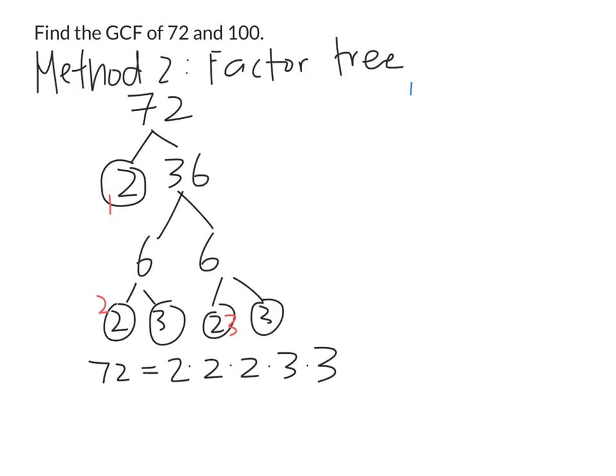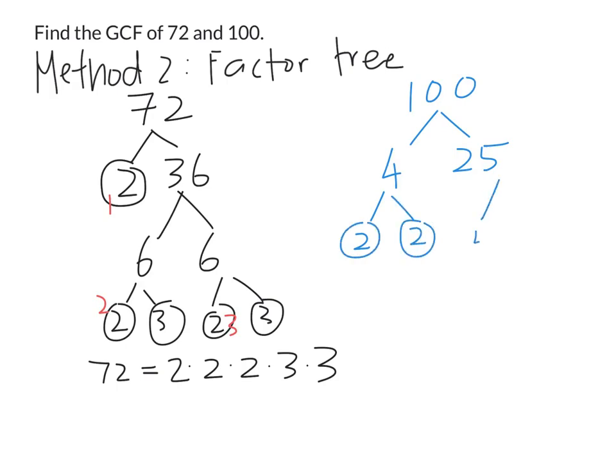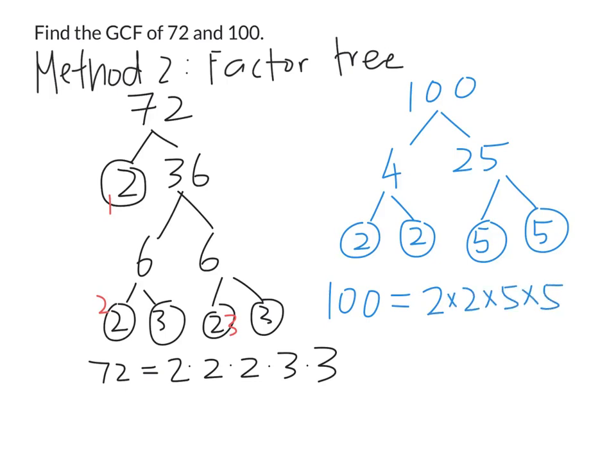Let's look at 100. 100 can be broken into the product of 4 and 25. And 4 can be broken into 2 times 2, and 25 can be broken into 5 times 5, and these are all the prime factors. So 100 can be written as 2 times 2 times 5 times 5.